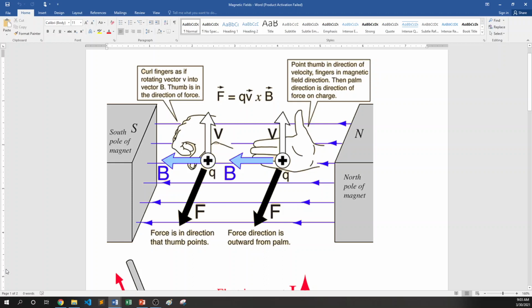So if you curl your fingers in the direction going from velocity to magnetic field, your thumb is going to point in the direction of the force. Another way of doing it is putting your thumb in the direction of the velocity, your fingers in the direction of the magnetic field, and your palm will be the direction of the force.